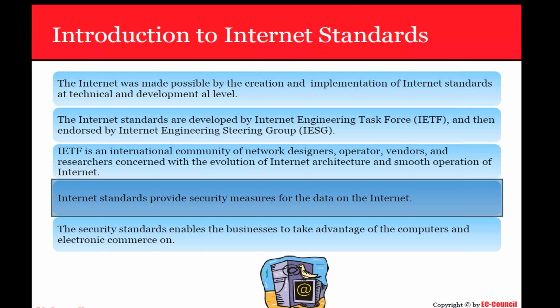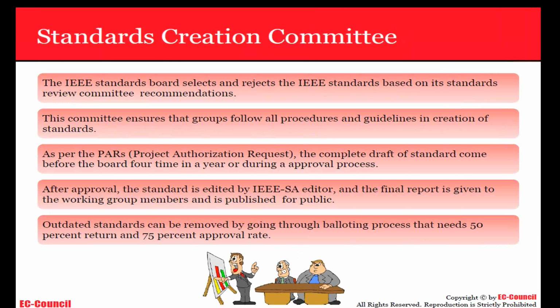I think most of us do know that we have now different organizations such as ISO, IEEE, and other organizations which take care of standards. So I did mention IEEE. What is this IEEE? Basically, this is the board who selects and rejects the IEEE standards based on its standard review committee.